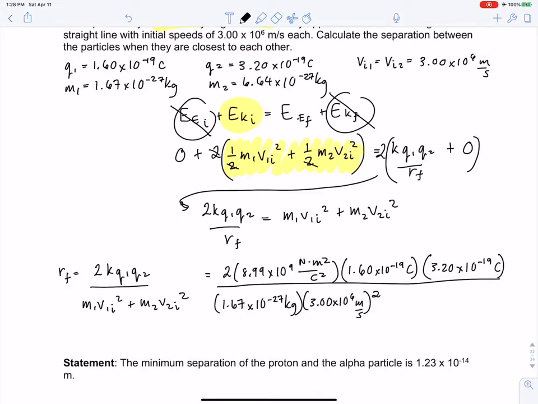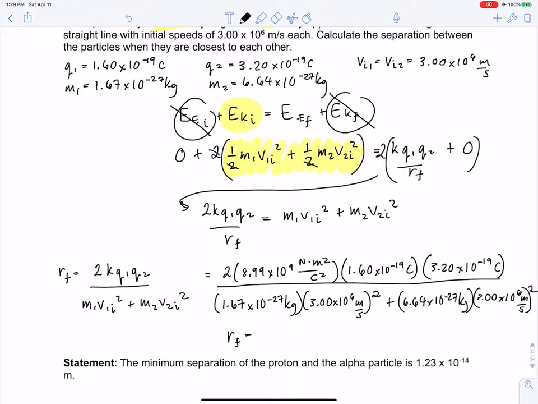Don't forget to square the speed. Plus m2 is 6.64 times 10 to the power of negative 27 kilograms. And again, the speed of Q2 is 3 times 10 to the power of 6 meters per second. Don't forget to square it.